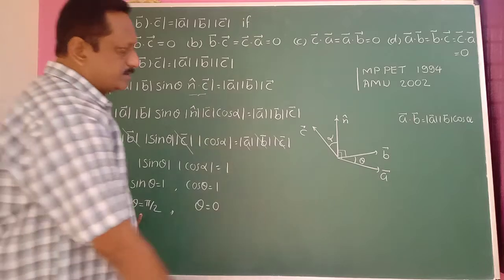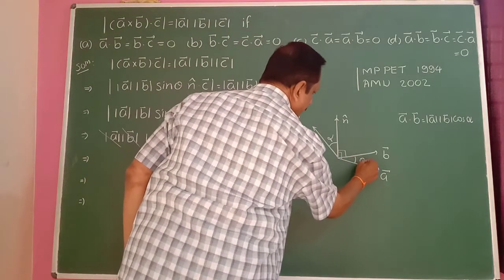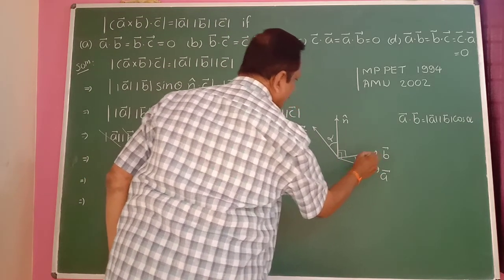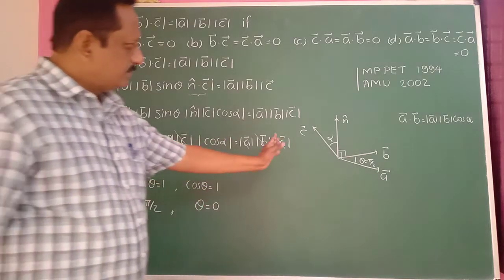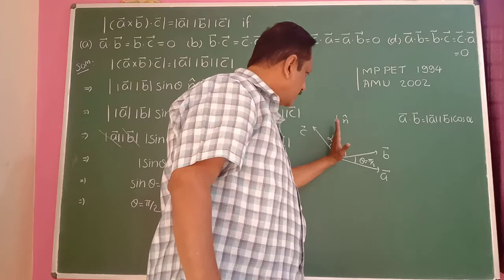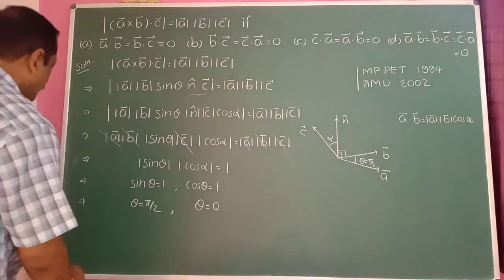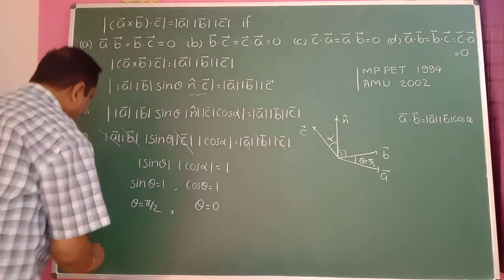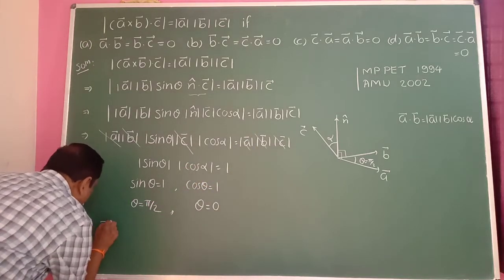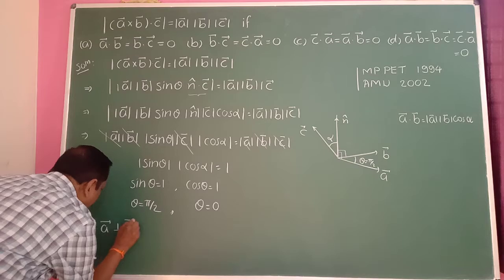Theta equal to pi by 2 means this angle is pi by 2, so they are perpendicular to each other. A bar and B bar are perpendicular. And alpha equal to 0 means this vector C bar coincides with n cap. So theta is the angle between A bar and B bar, therefore A bar is perpendicular to B bar.